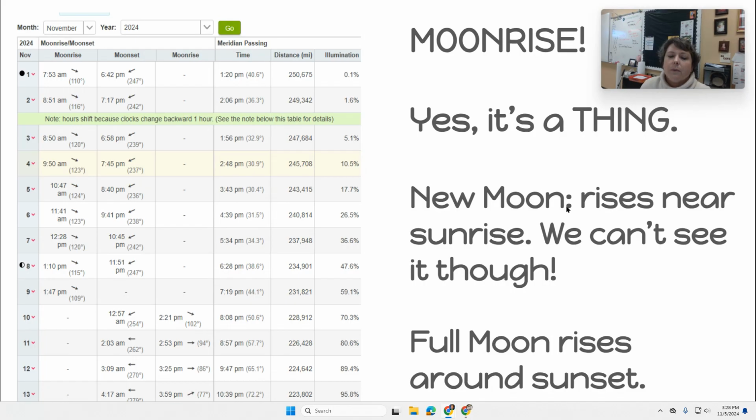Okay, so when we have a new moon, it rises near sunrise and we can't really see it. We're looking at the back that's not illuminated and we can't really see it ever. It's possible, but you have to have very specific conditions. And then the full moon rises around sunset.